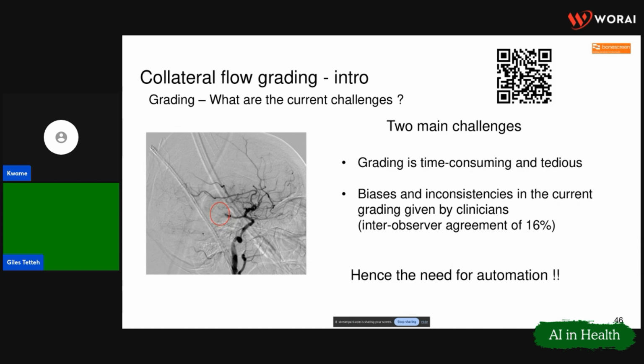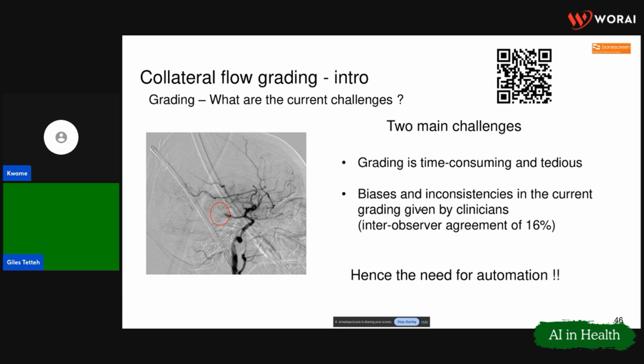And this can take some time, which in a stroke situation, every minute counts. So this is very tedious, and by the time they determine that, okay, the collateral flow is good or it's not good, you would have already lost some time in doing that.